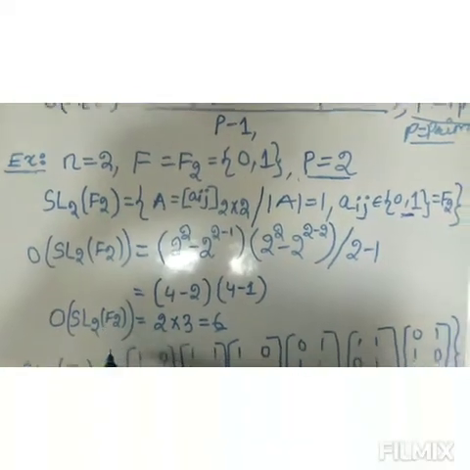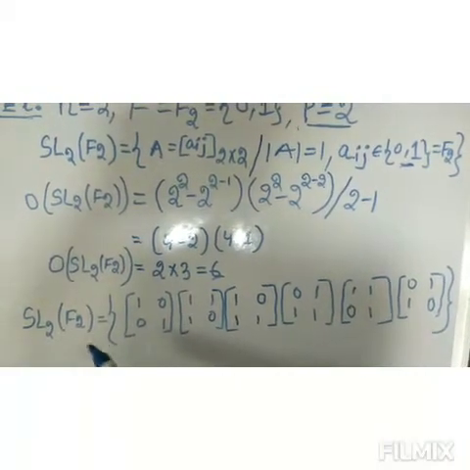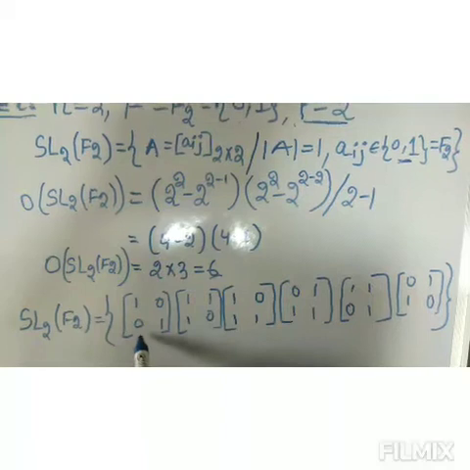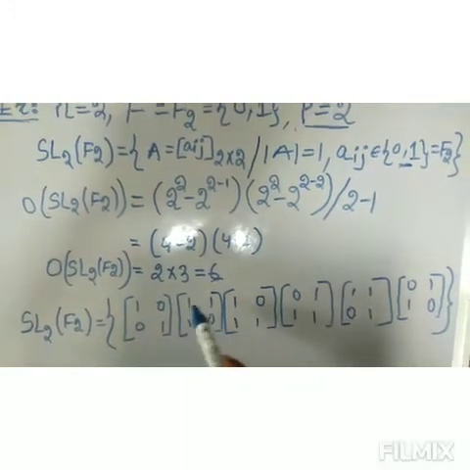So what are those elements? SL_2(F_2) is equal to the set of matrices whose elements are 0 and 1.